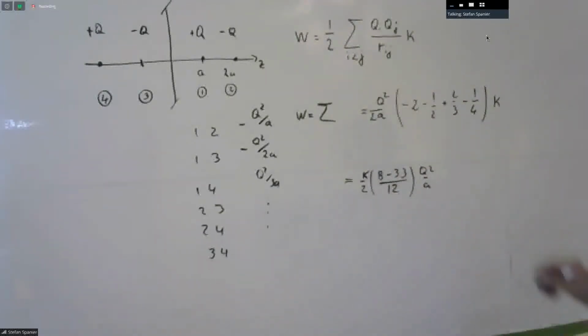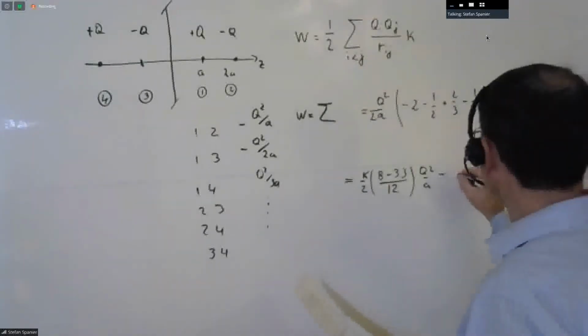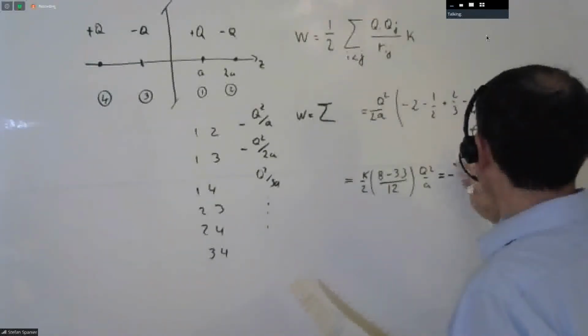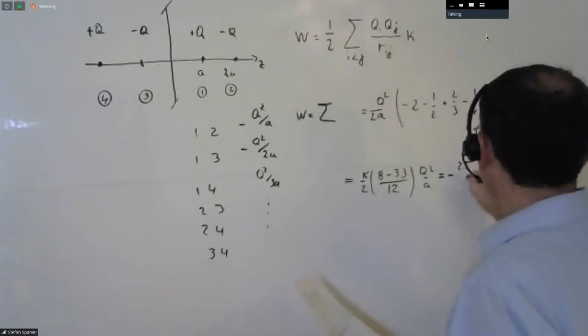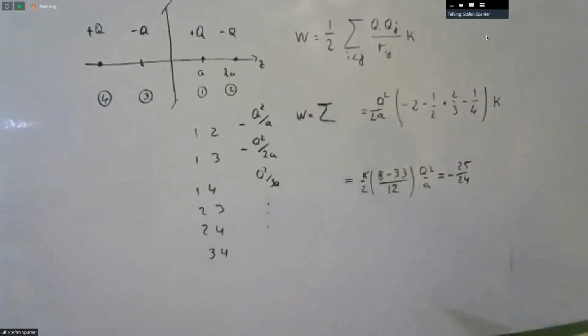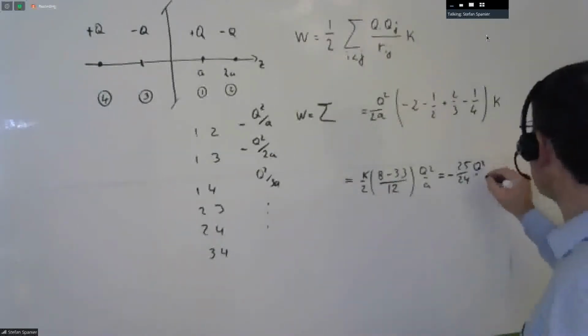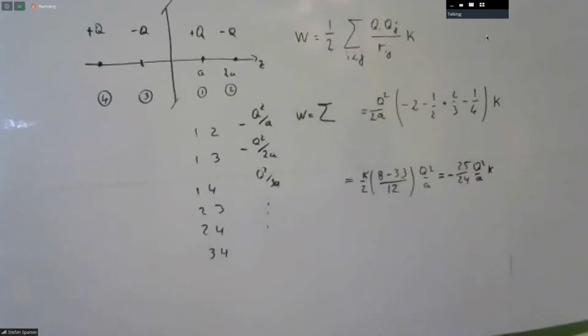And if you solve this, then it becomes minus 25 over 24, and then k q squared over a, which is about minus q squared over a k.